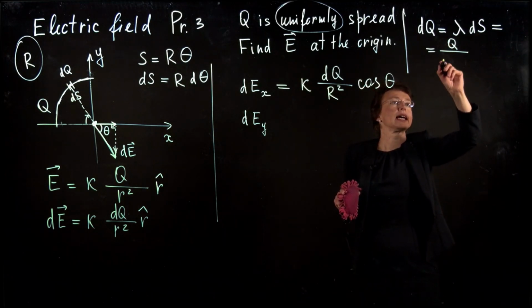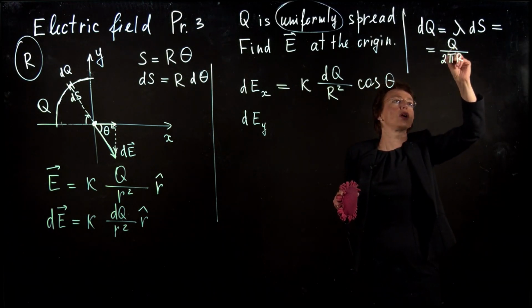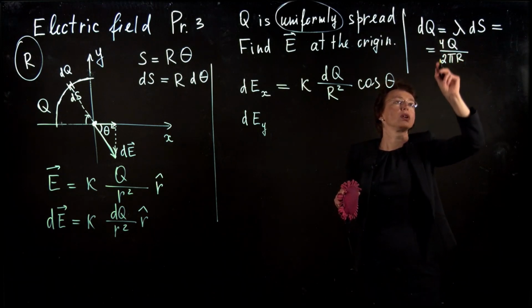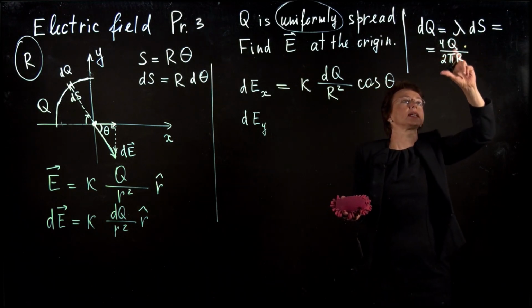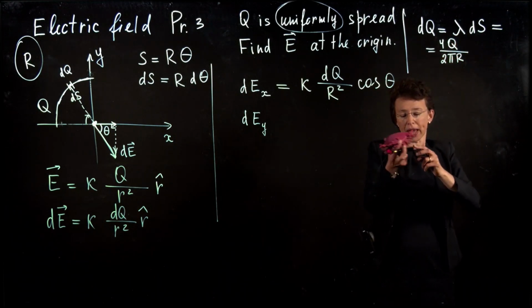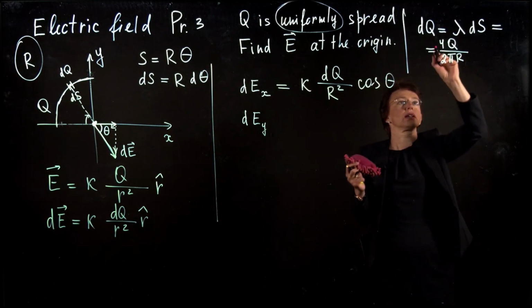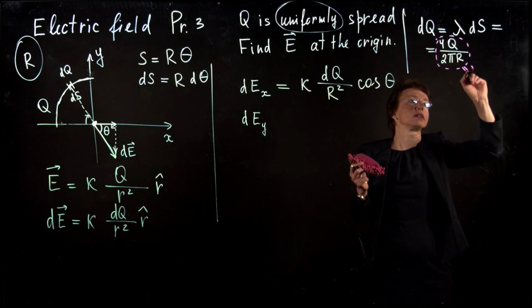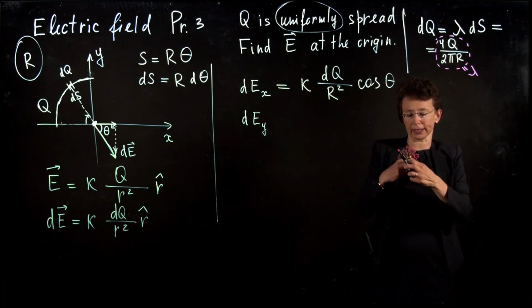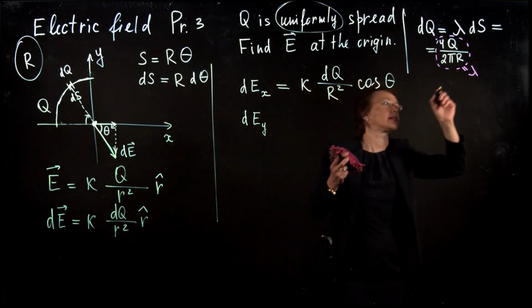Length is the circumference, 2 pi r, divided by 4, because this is a quarter of a circle. So this is lambda. And now I need to write ds. What is ds? Okay, so this is my lambda. And what is ds? ds is r d theta.